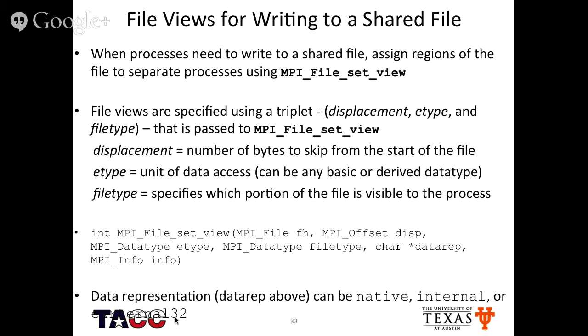I have another question about this slide. When you define file type, in the middle it says file type specifies which portion of the file is visible to the process, but then down at the bottom it seems like file type is defining the format. Those two definitions don't seem to match. Oh, okay. I'm sorry, I goofed up here. So the file type which you read there is correct. I'll come to that. But data representation is another argument here.